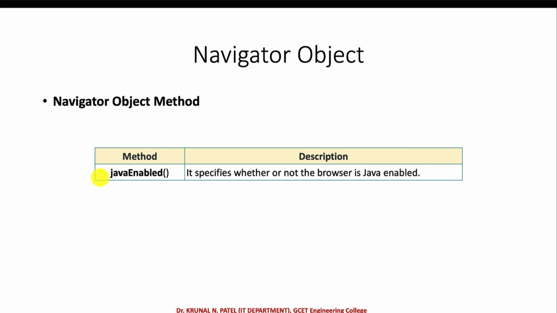So sometimes Java enabled is a property that will be set by default because many websites and applications are using Java based, right? So if you want to execute that, then you must enable Java, right? So that setting you will find in the browser settings.